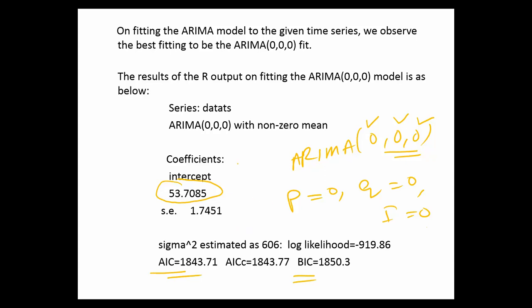You can try out other models like ARIMA(0,0,1), ARIMA(1,0,0), ARIMA(1,1,1), ARIMA(1,0,1), and look at the AIC or BIC values, right? You will see that they are more than this. So this is the best fit.